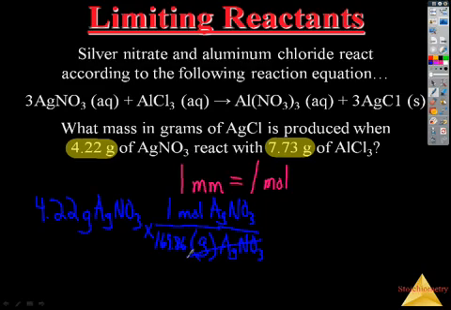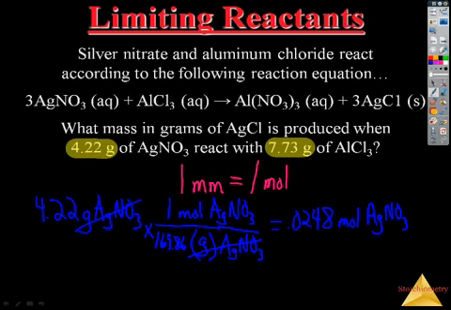And the grams of silver nitrate are going to cancel, and 4.22 divided by 169 is 0.0248 moles of silver nitrate. All right, what's the other thing that we have to change to moles?